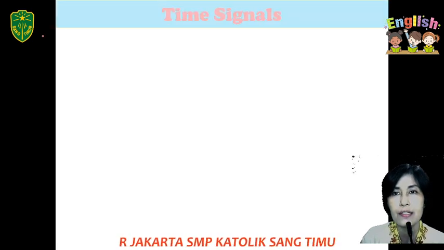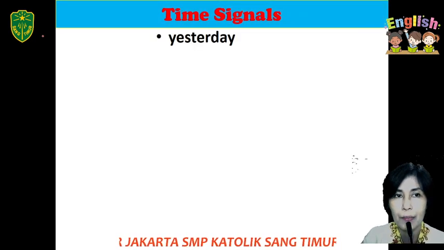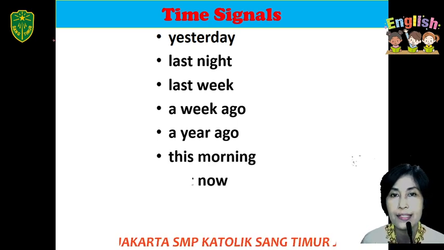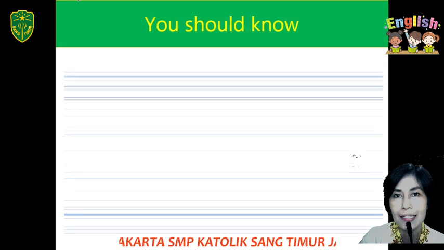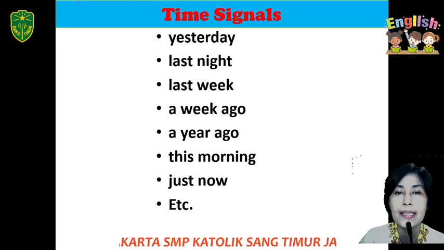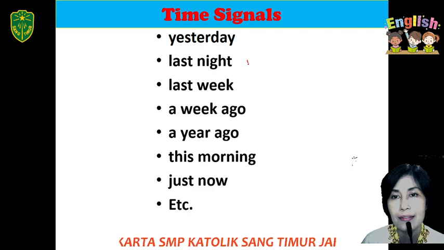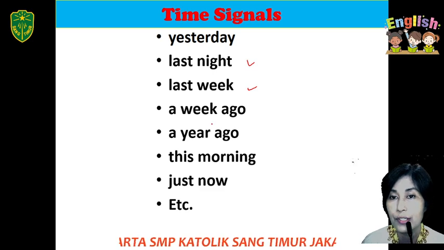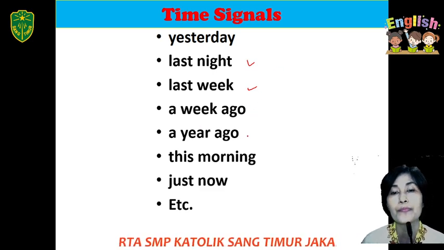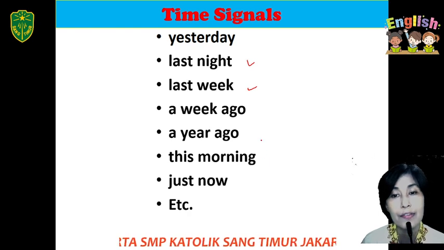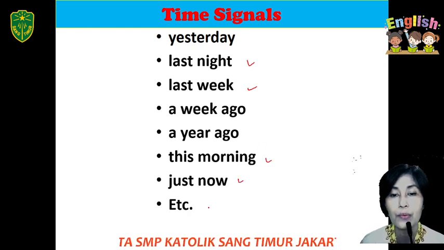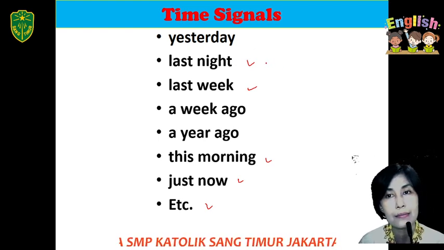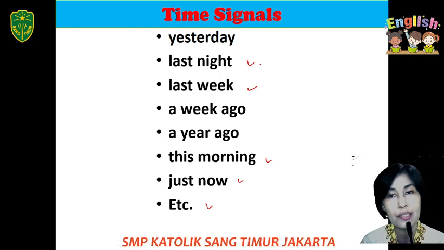Okay, here are the time signals that you are going to use in the past tense. You have yesterday, last night. You may change last night, last week, last year, a week ago, a year ago, this morning, just now, etc. You may say last year, last month, you may mention the day.